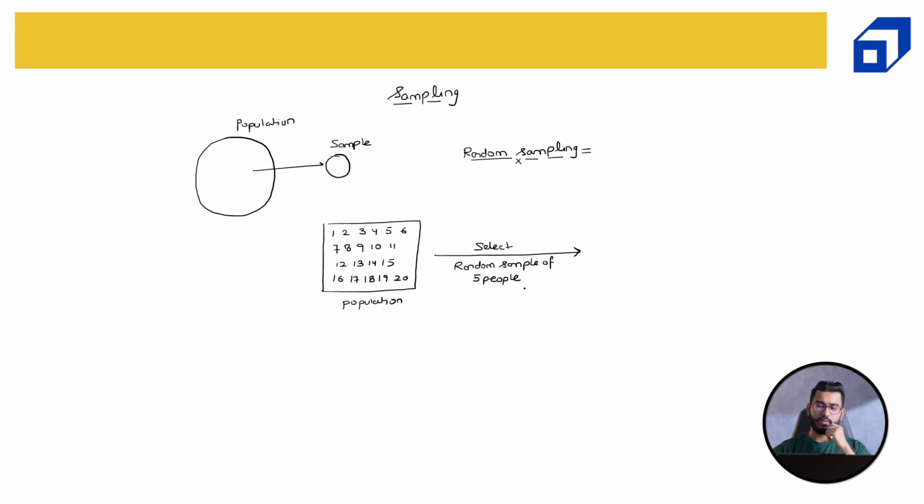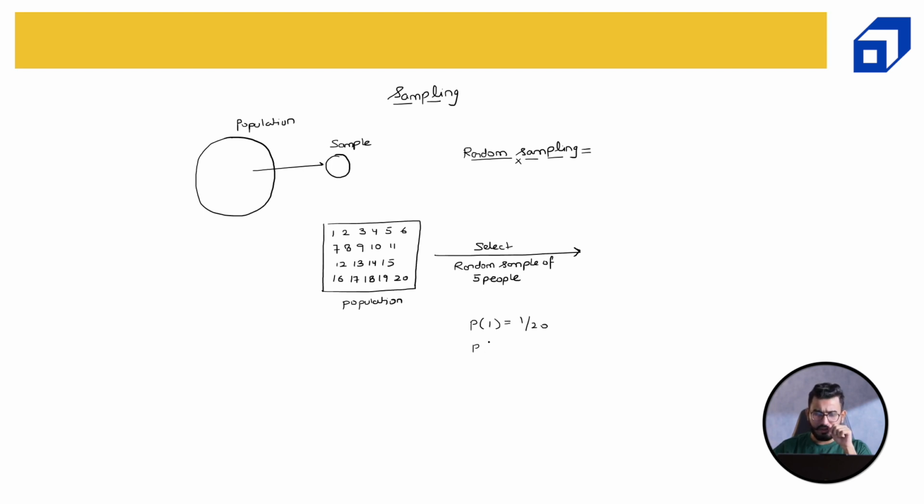So what we will do, we can select any 5 people, but according to random sampling, the probability of selecting any observation is equal to 1 by n. So the probability of selecting 1 is 1 divided by 20.